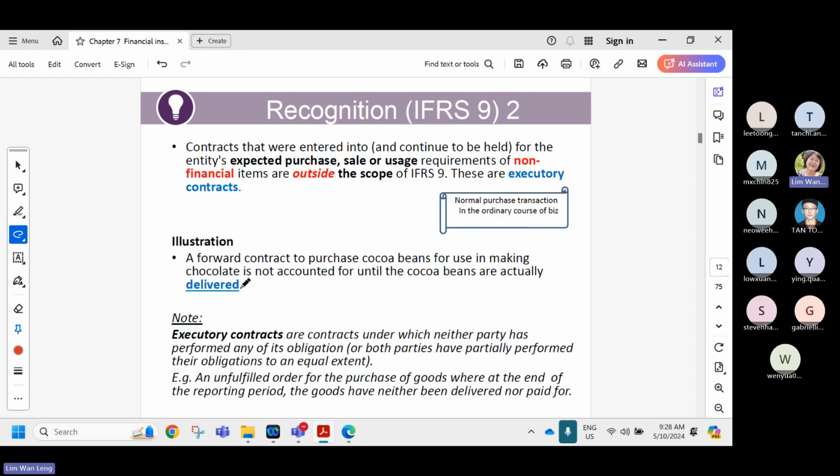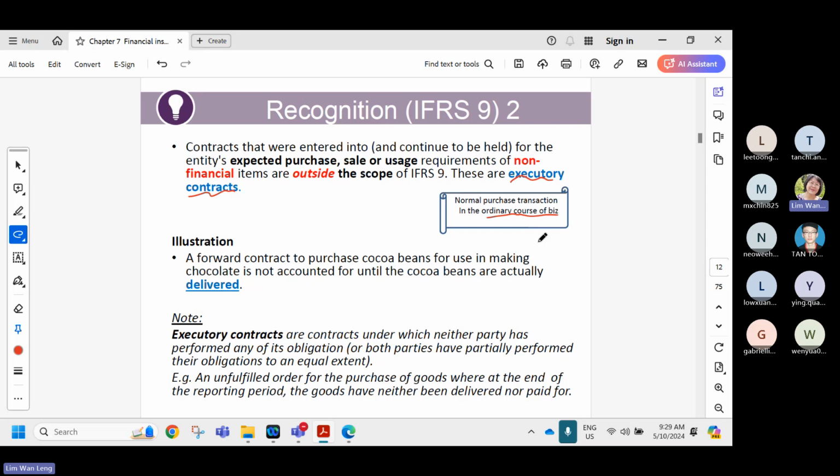And then sometimes we have to distinguish between contracts that are entered into because of the ordinary activities of the business. Contracts entered into because of the ordinary activities of the business are what we call executory contracts. Executory contracts are normal purchase transactions in the ordinary course of the business. So let's say I buy certain raw materials, and I use these raw materials in my production process to come up with finished goods.